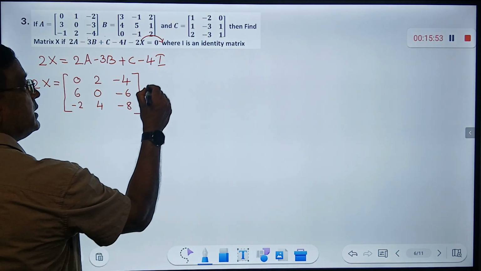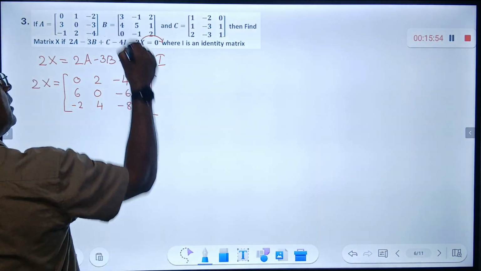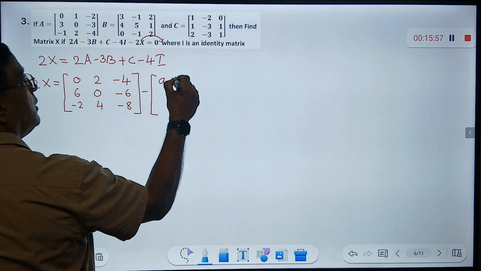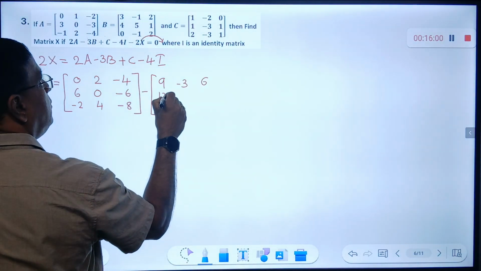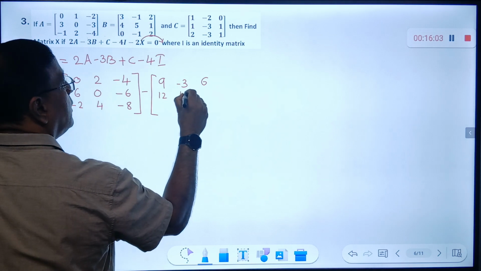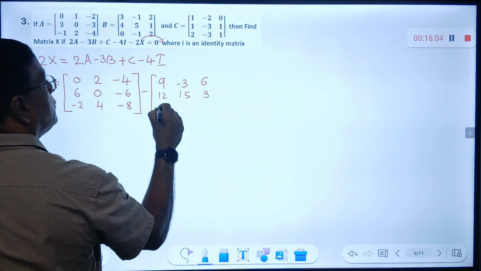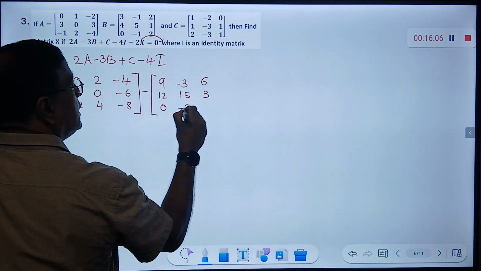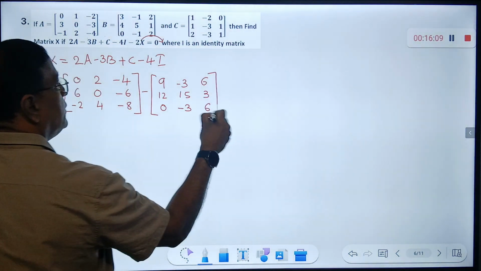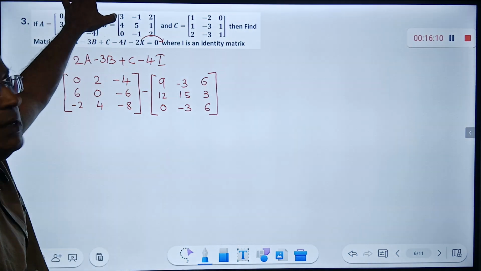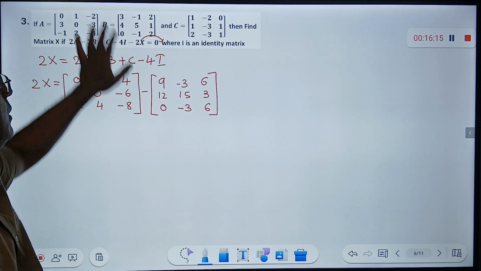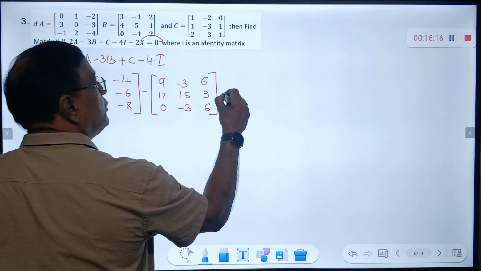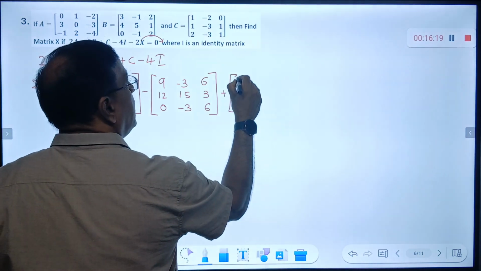Keep the minus outside. Now what is 3b? 9, minus 3, 6, 12, 15, 3, 0, minus 3 and 6. See this? Every element here is multiplied by 3. Now plus c. Here there's nothing to multiply, so I just keep it as it is.